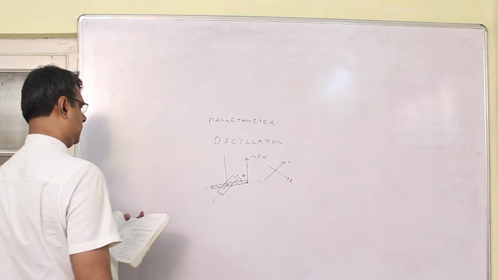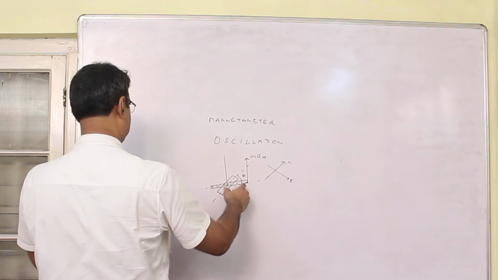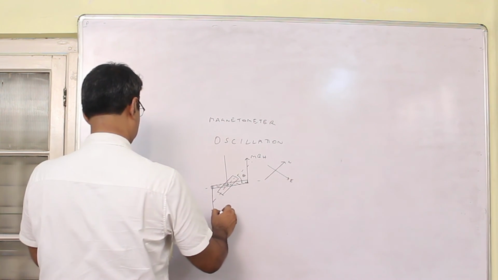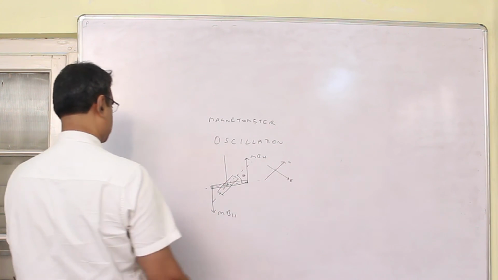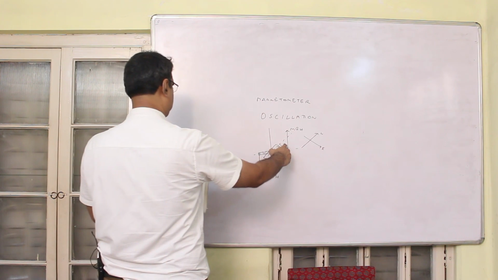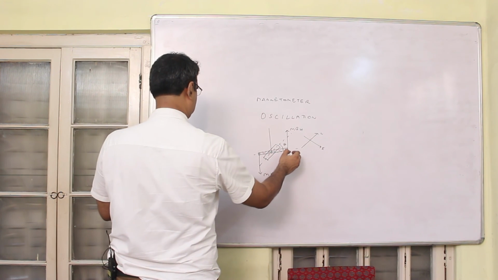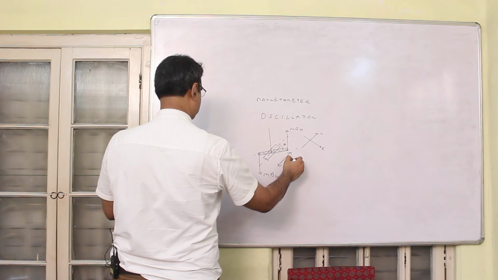Let the deflection be theta. So due to the deflection, the force on the north pole of the magnet is m into BH, and the force on the south pole of the magnet is also m into BH. The deflection angle is theta. And one more thing, let the length of the magnet be 2L.